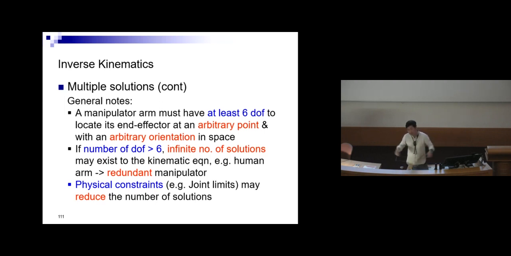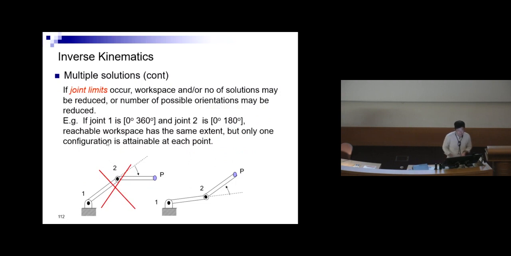When you look at the fact sheet of the UR5E, they will denote the joint limit. If the joint limit occurs, the workspace and the number of solutions may be reduced, and the number of possible orientations may also be reduced.